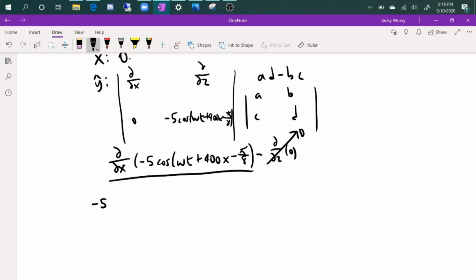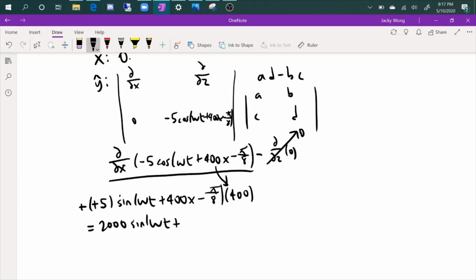The derivative of cosine is negative sine, so we put that negative sign there: omega t plus 400x minus pi over 8, times the 400 that comes from the x because we're doing partial d dx. The end result, being positive, positive, is 2000 sine(omega t plus 400x minus pi over 8) with a y hat, because that is the y component.